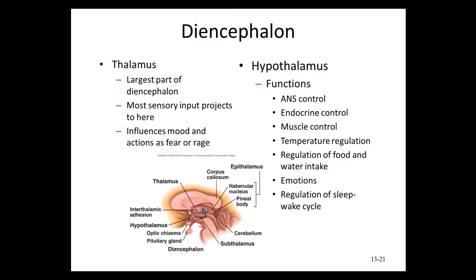So sometimes we get inappropriate responses, inappropriate emotions like fear or rage, because stimuli coming in are processed at the thalamus and passed along to higher parts of the brain as important information, when it might not necessarily be important information. For example, a spider crawling across the desk may not initiate a huge fear response in someone because of not having a fear of spiders.